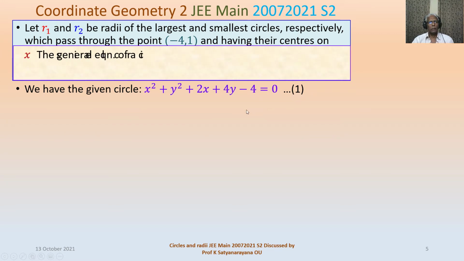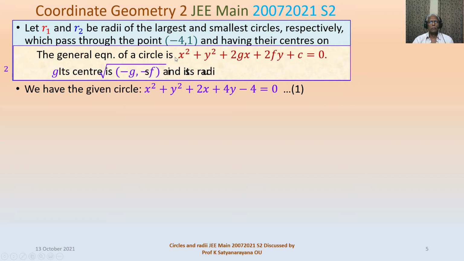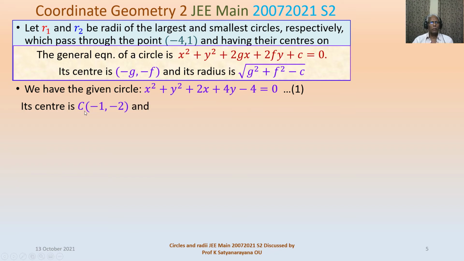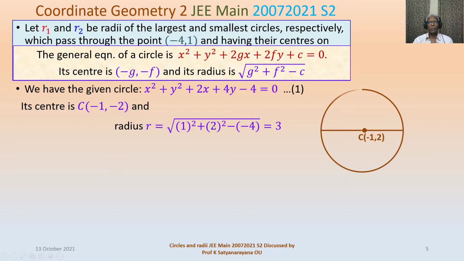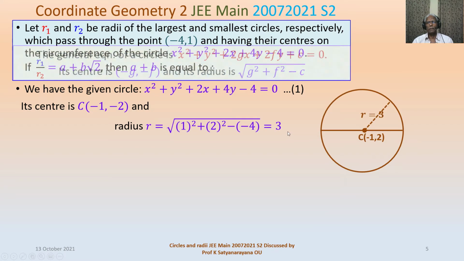The general equation of a circle is x² + y² + 2gx + 2fy + c = 0, with center (-g, -f) and radius √(g² + f² - c). So the center of this circle is C(-1, -2), and its radius is precisely 3.